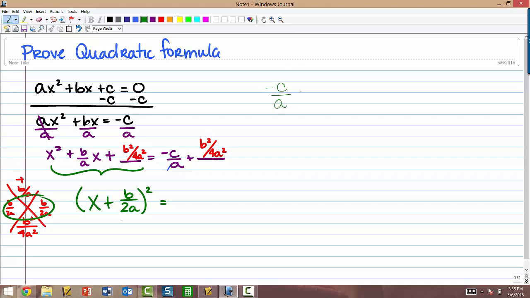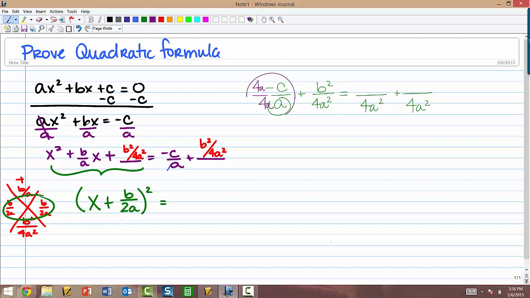Negative c over a, and we want to add b squared over 4a squared. Now before we can add fractions, we have to have a common denominator. And that common denominator is going to be 4a squared. That's because I can turn this one into 4a squared, and in order to do that, I need to multiply top and bottom by 4a.